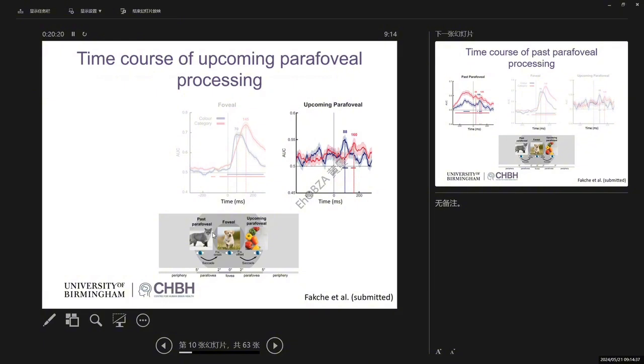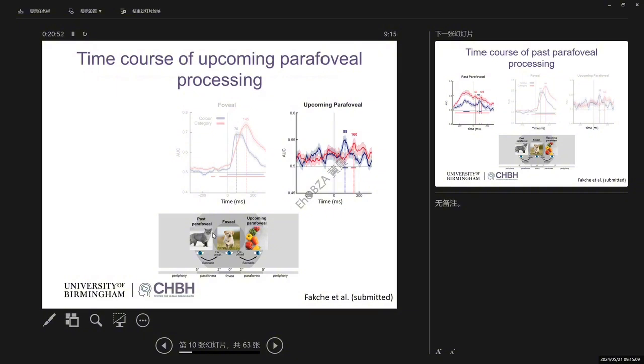And then a little later, so you decode color in the parafoveal at 88 milliseconds, and then you decode category at 160 milliseconds. But what the brain really cares about is the category of the object, and color is less relevant. So we like to think that the information about the color fades out, and that's why you see the category decoding out here.